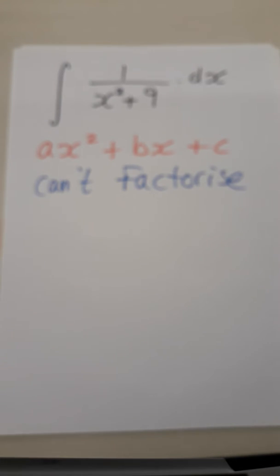Well, there's some standard integrals that you're supposed to know, and this one would come from the Extension 1 course. And the standard integral that we're talking about would be the inverse tan.